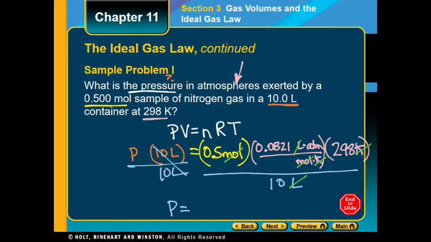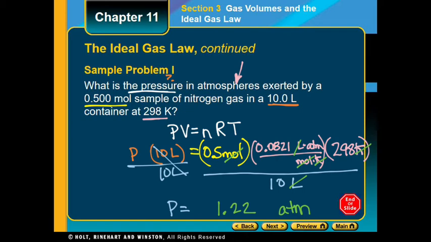Mole cancels with moles. That's great. I am left with atmosphere as my only unit in the numerator. And since we're solving for pressure, that is the pressure unit we're looking for here. So in your calculator, it's 0.5 times 0.0821 times 298 divided by 10. And your final answer is 1.22 atmospheres.